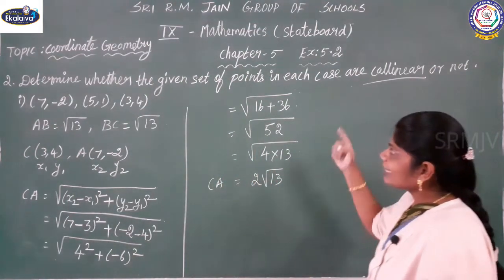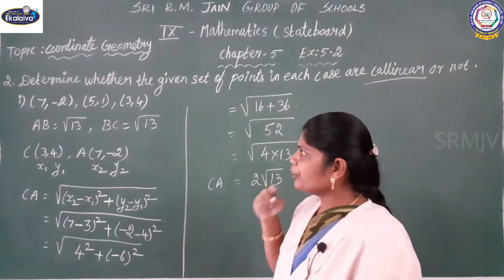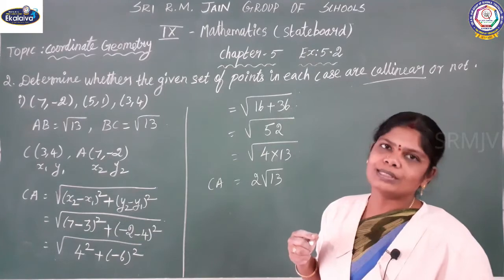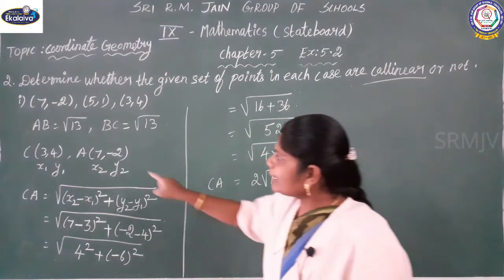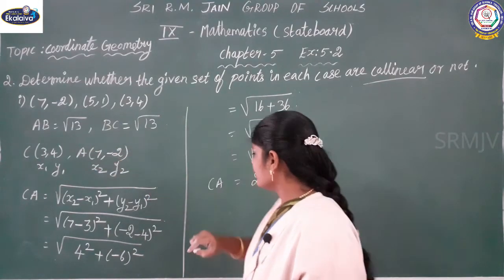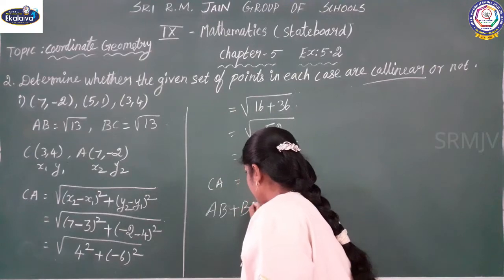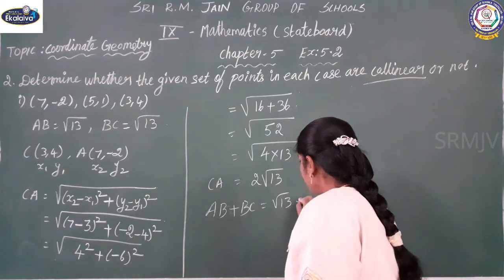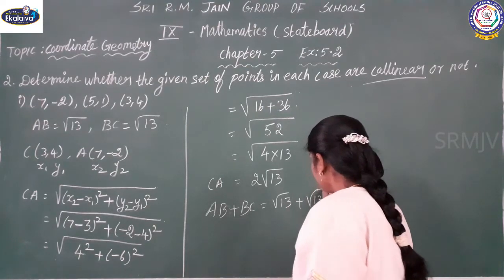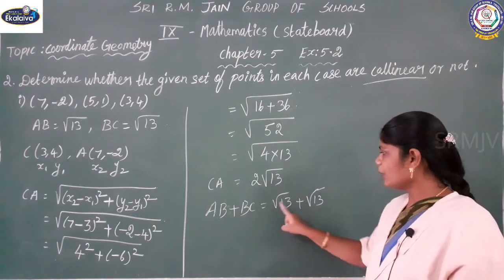So we need to say whether the given points are collinear or not. Okay. So what do you want to do? You just add any two sides. That sum is equal to the third side. Okay. Look here, root 13, root 13. I am going to add AB plus BC. So what will you get, children? Root 13 plus root 13. Okay. See the coefficient. Here the coefficient is 1. Here also 1. So 1 plus 1, 2.